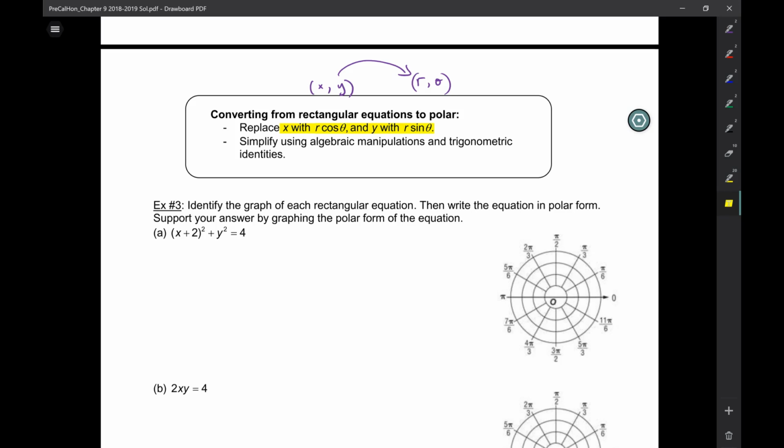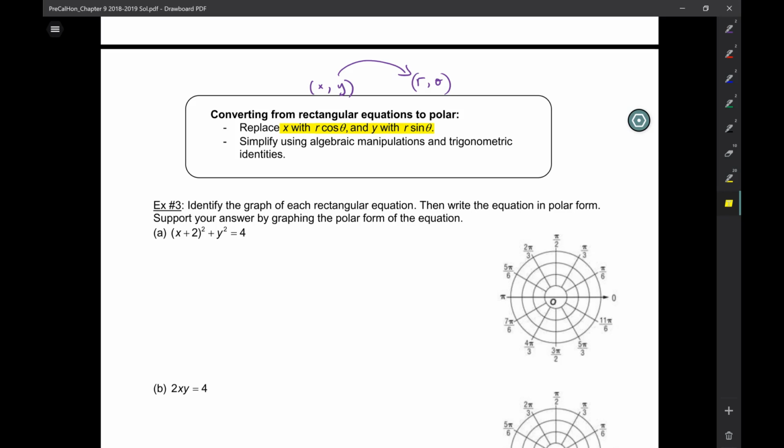That's like math nirvana. Polar coordinates, vectors, matrices, these are all one thing.